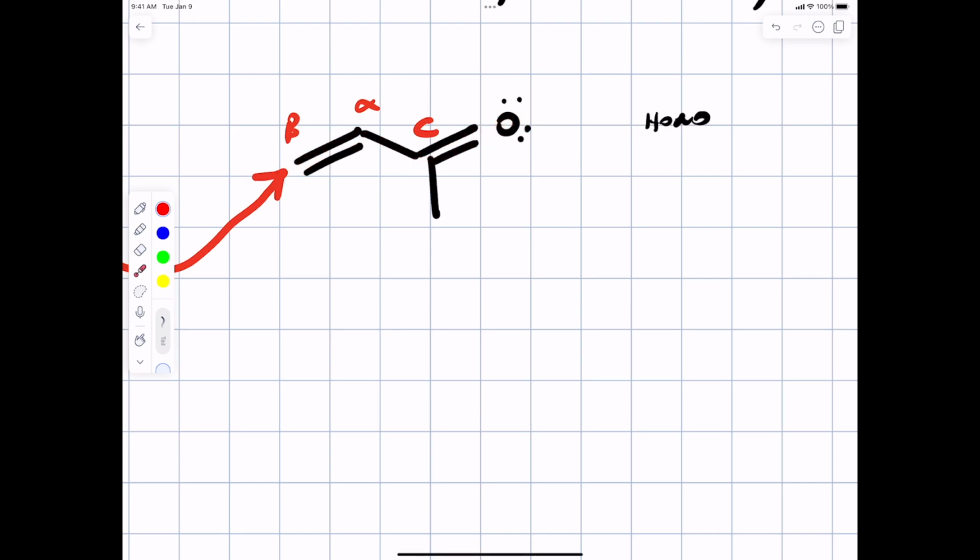HOMO is actually one of the two lone pairs. There should be an S-rich lone pair and a P-rich lone pair, and the P-rich lone pair is probably the highest energy one, okay? So the HOMO of this molecule, alpha beta unsaturated carbonyl compound, is probably a lone pair on oxygen. How about the LUMO?